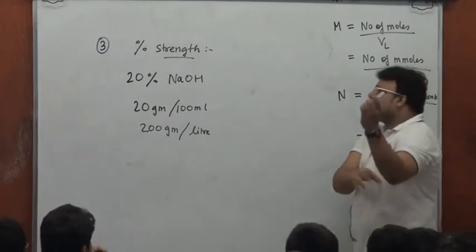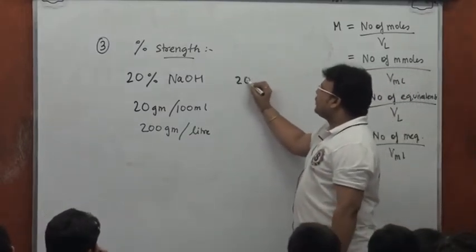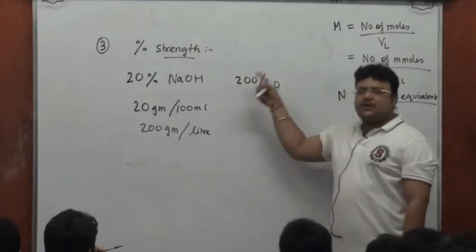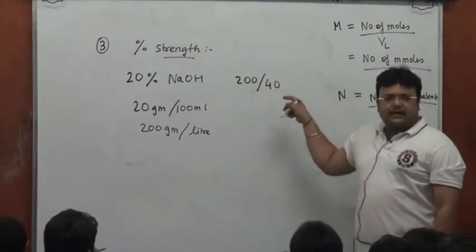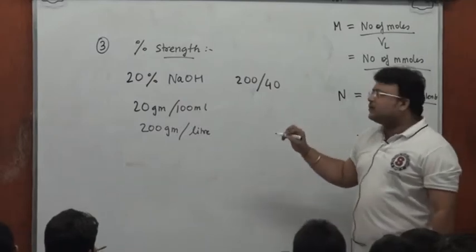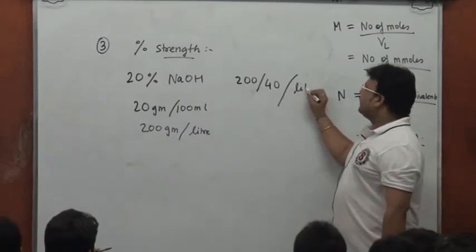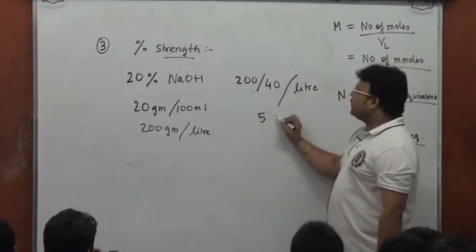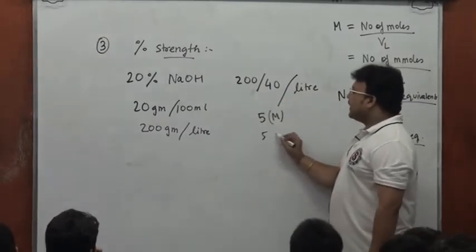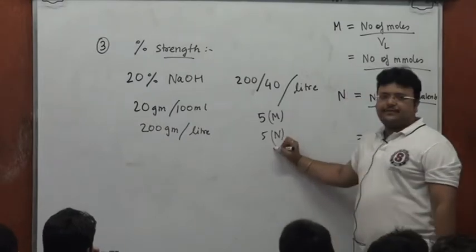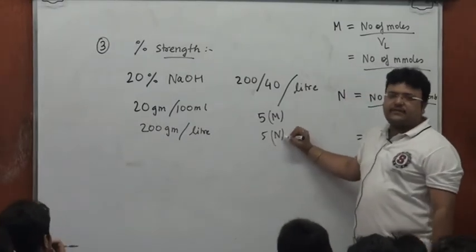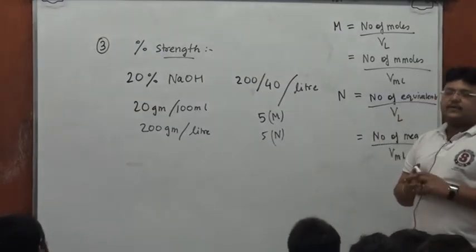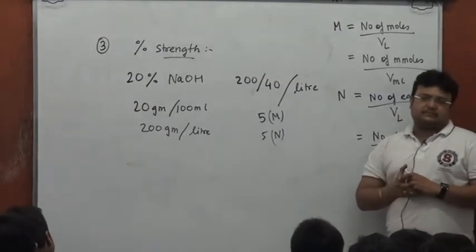So weight upon molecular weight, or the equivalent weight, both being 40, will be the number of moles or number of equivalents per liter, and you'll be able to calculate that 20% NaOH is like 5 molar NaOH or 5 normal NaOH. No wonder normality and molarity are the same, because the N factor is 1. Yes or no? Yes, sir.